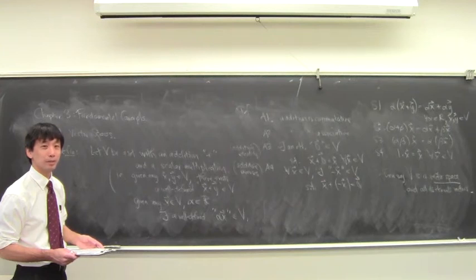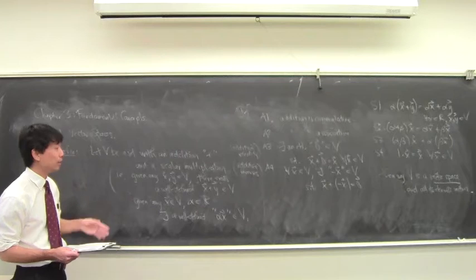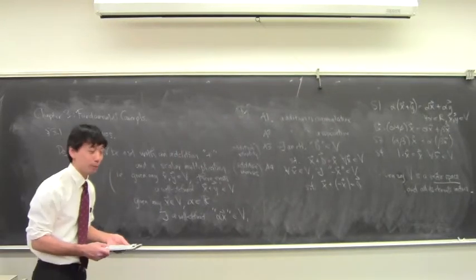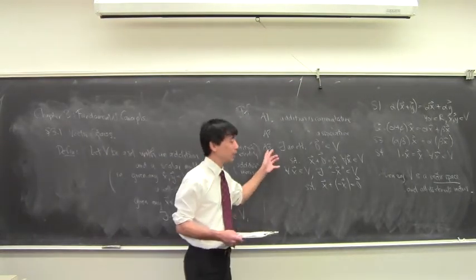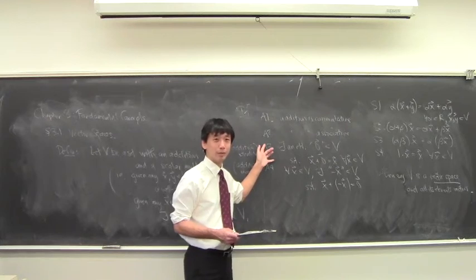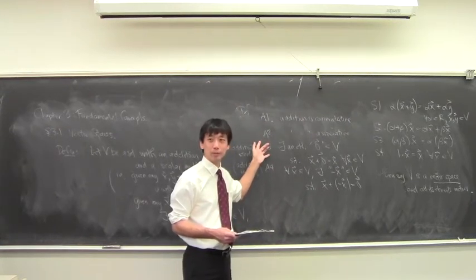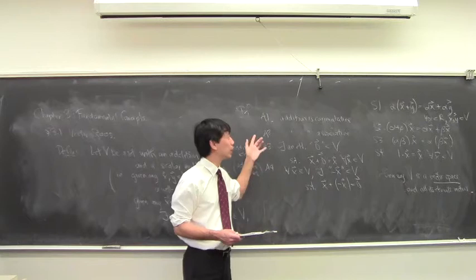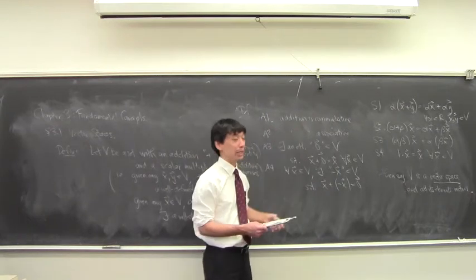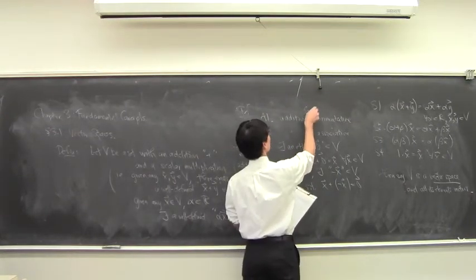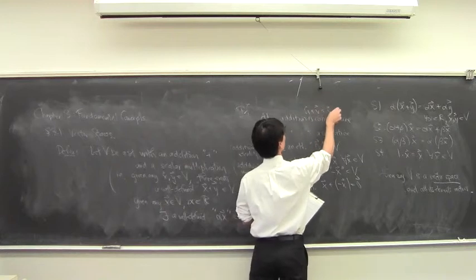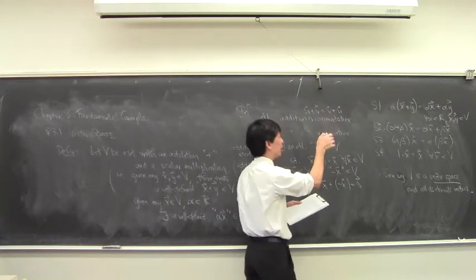Why do we need so many restrictions? That's just what you would want a vector space to be, right? If you think about what you can do with your vectors, think about your old vectors in Rn. What can you do with them? Well, it doesn't matter how you add them. If you take two vectors, you can add them in opposite orders.